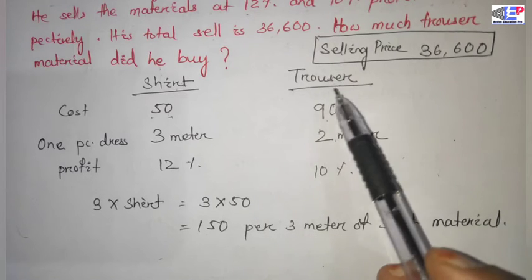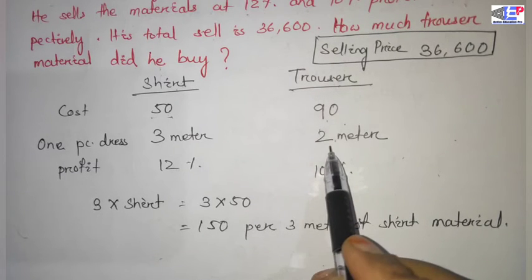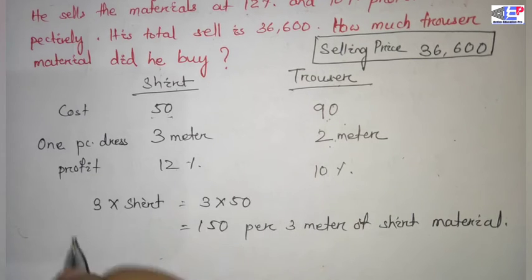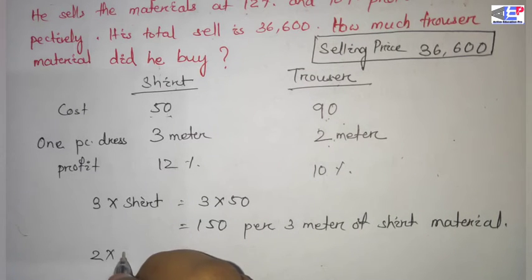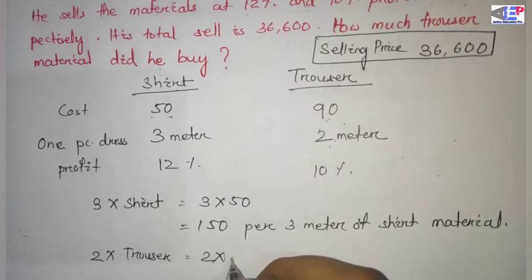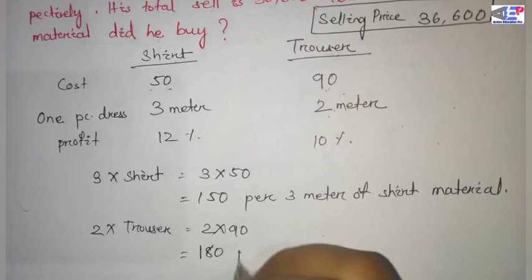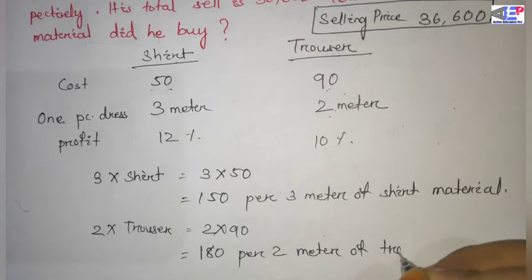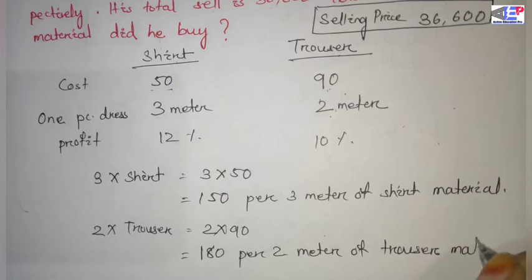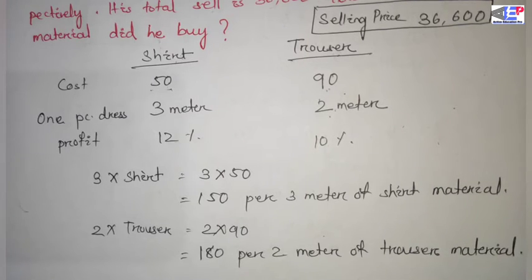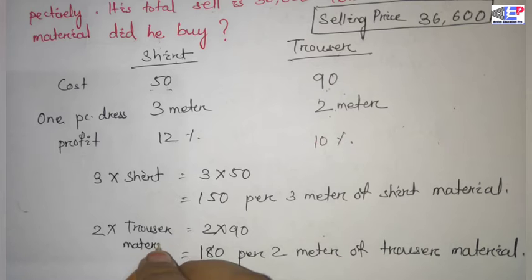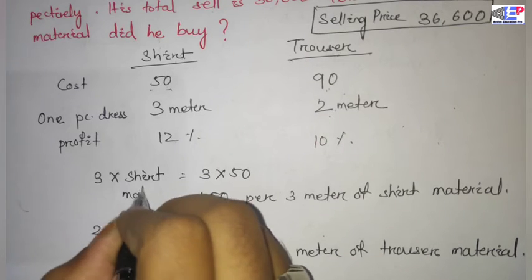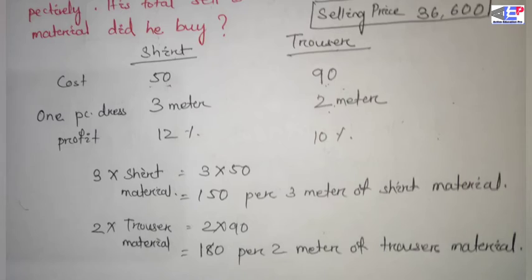Then for trouser, 2 meters required at 90 rupees per meter. 2 into 90 is 180 rupees for 2 meters of trouser material.